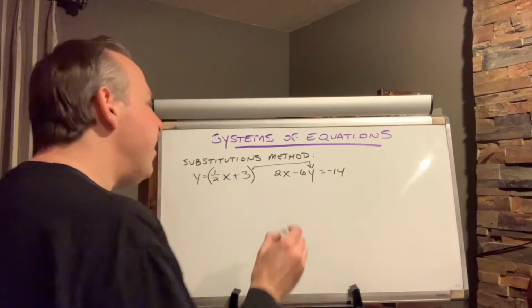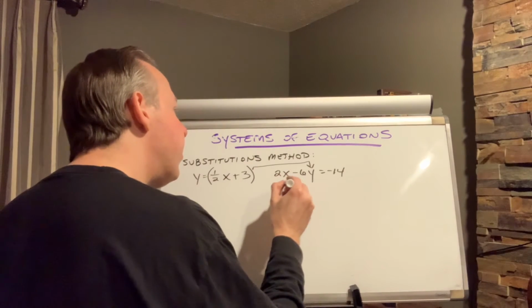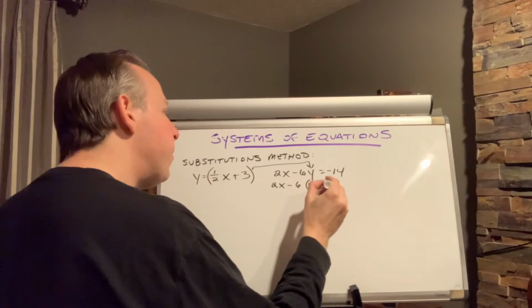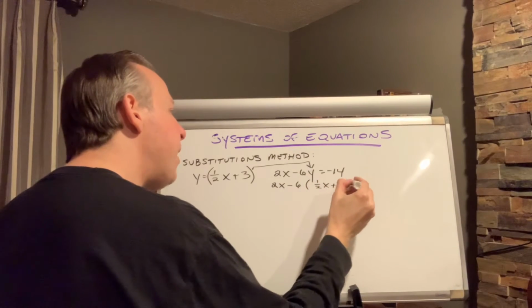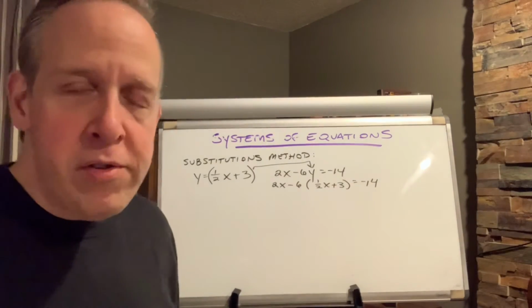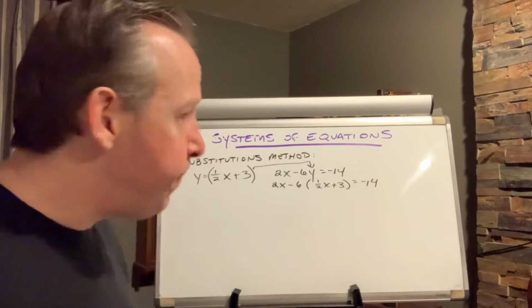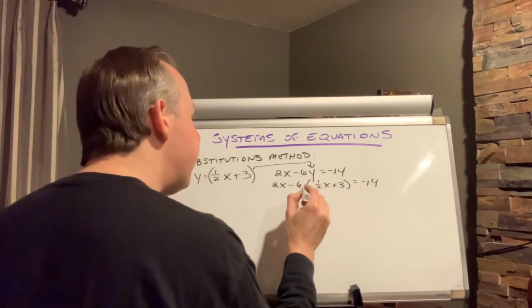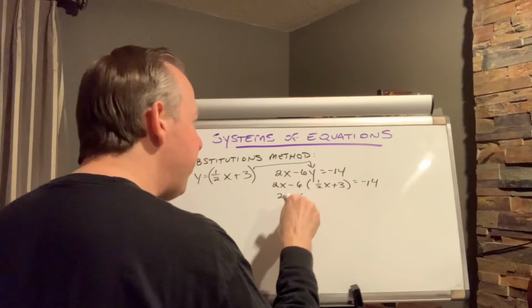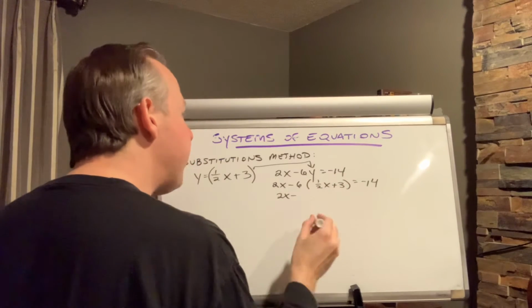If I plug this in, called substitution, to where the y was, I am able to solve the problem because now there's only one variable. It's the variable x. I can solve that. So let's distribute the 6. So we have 2x minus, well, what's 6 times 1/2? 6 times 1/2 is 3.